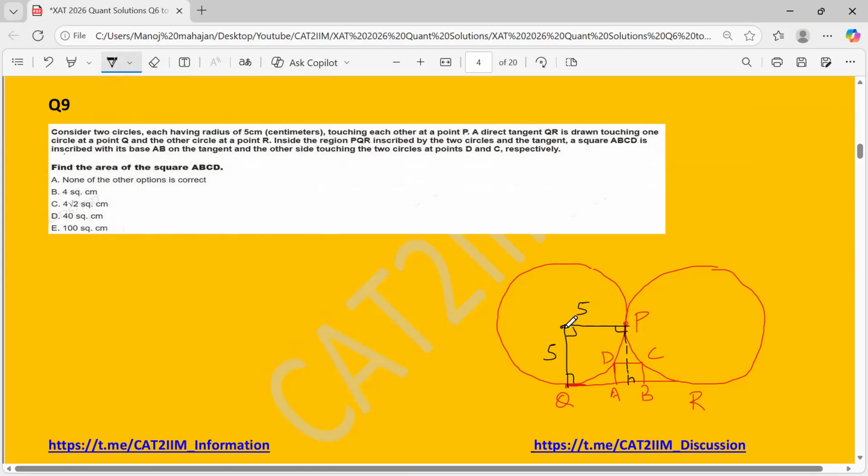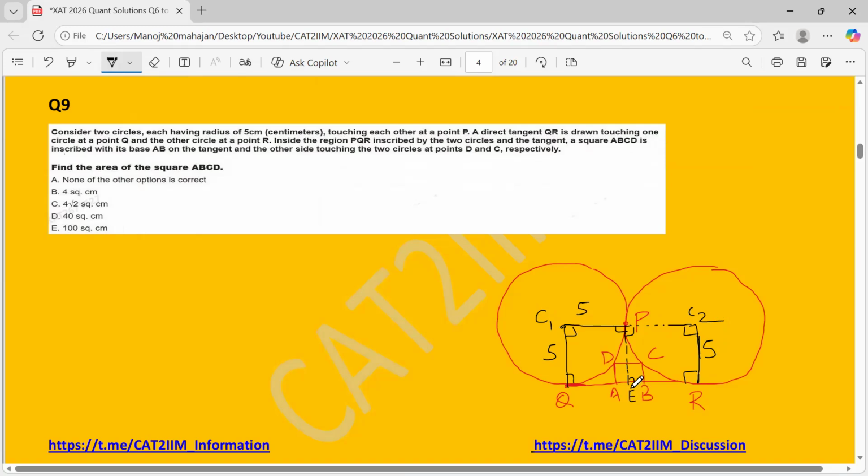So if you look, let me name this as center C1, and over here C2. This is also 90. So this is 5. 90 over here also. So basically we can say that C1P over here, and let me name some point E over here.